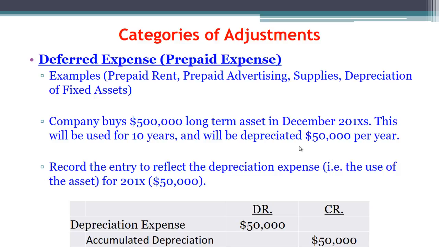The asset has a normal debit balance. This contra asset, known as accumulated depreciation, has a normal credit balance. So we're crediting this account to increase it. What it does, as we'll see in the next slide, is it offsets the balance of the asset. So this is an indirect way of reducing the asset.